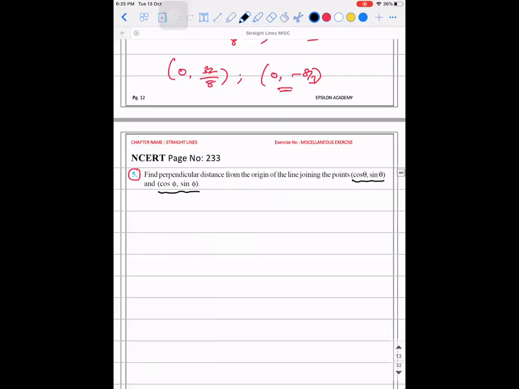So there is a line joining these points, and from the origin a perpendicular is drawn to it. We need to find this distance d.